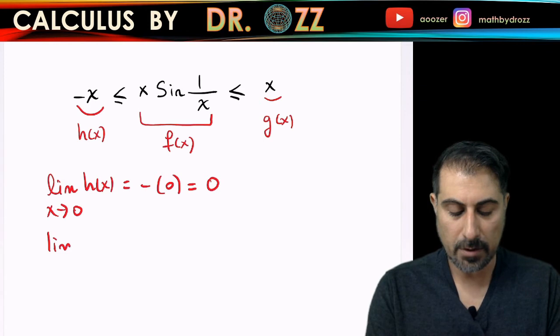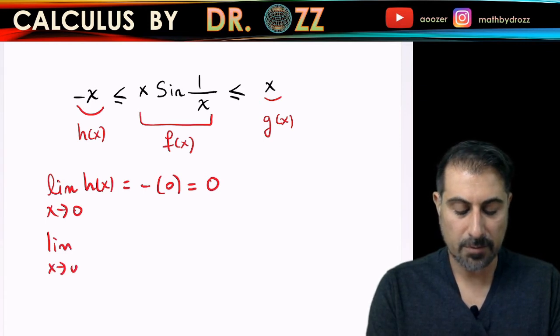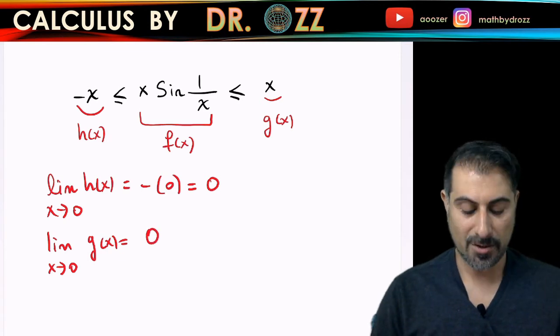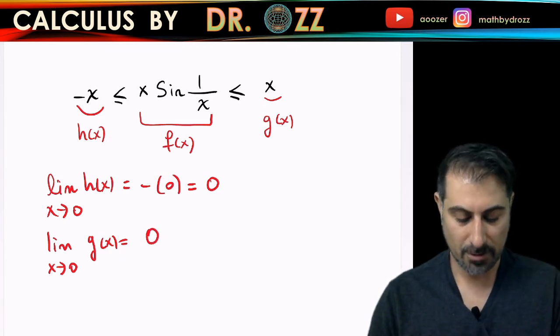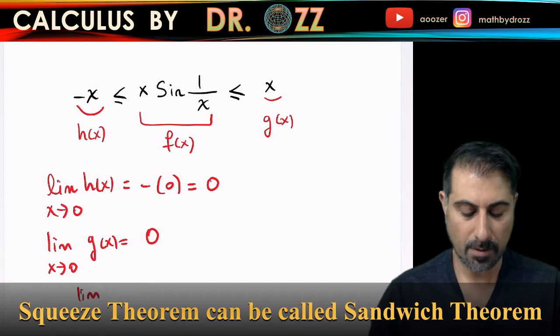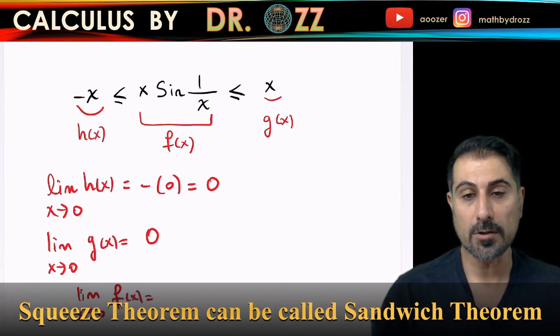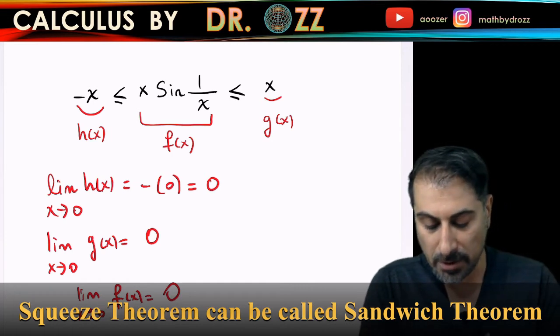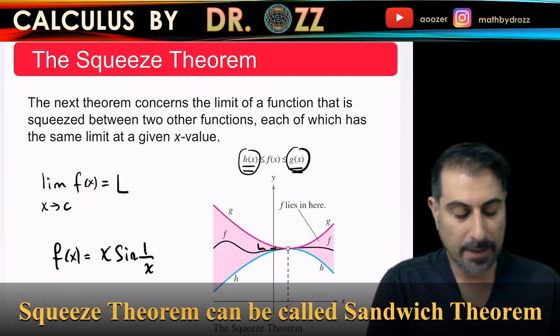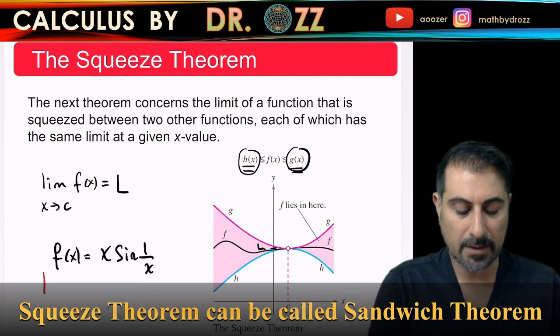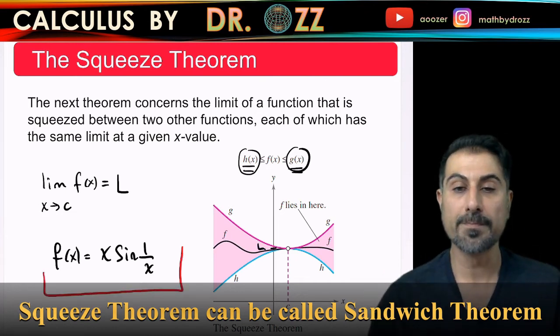And the limit of g of x, which is just x, by direct substitution is 0. So that forces the middle function to have the limit exactly equal to 0 by the squeeze theorem. So I can conclude that the limit of this function is exactly equal to 0.